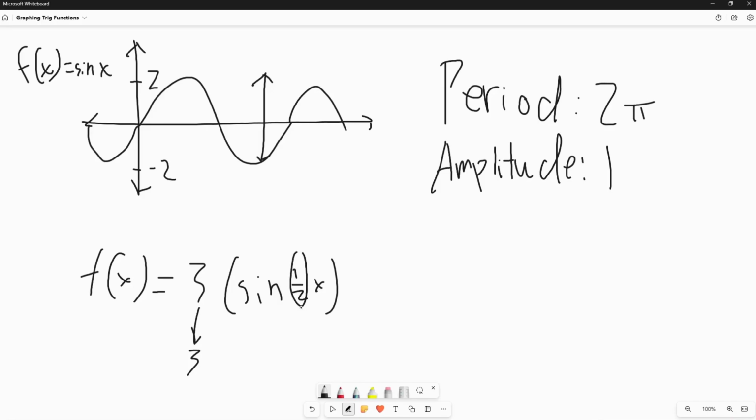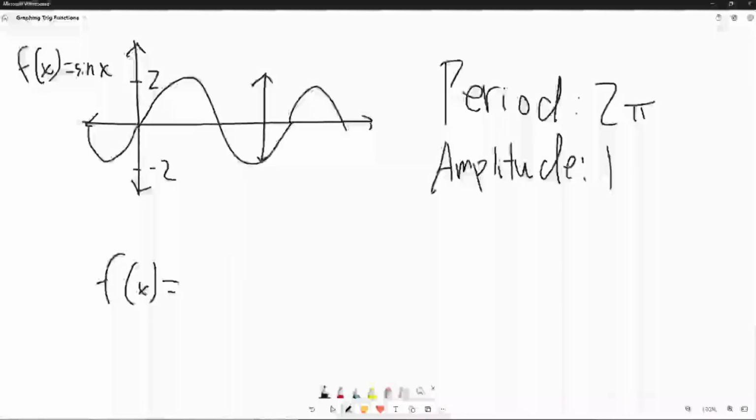The period is a little bit more complicated. To find the period, you do 2 pi over b, and b is the number right in front of x. If there's no number right in front of x, then the period is just 2 pi. But in this case, it's 1/2, so the period will be 2 pi over 1/2, which is equal to 4 pi. Period would be 4 pi.